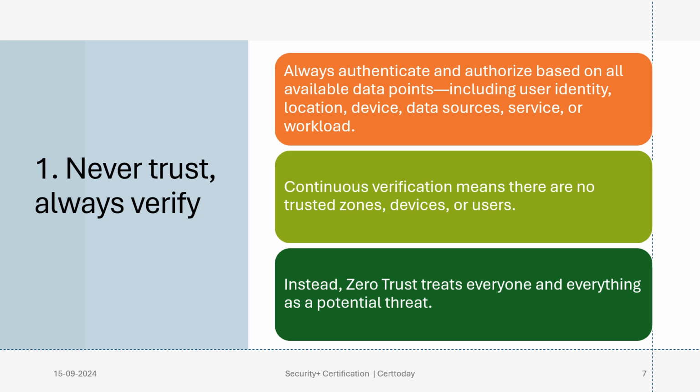This means that you must always authenticate and authorize based on all available data points, including user identity, location, device, data sources, service, or workload. So somebody's signing in to your network. Let's say that you use Microsoft Exchange Online for email, which is one of the services that people use most commonly from the internet.